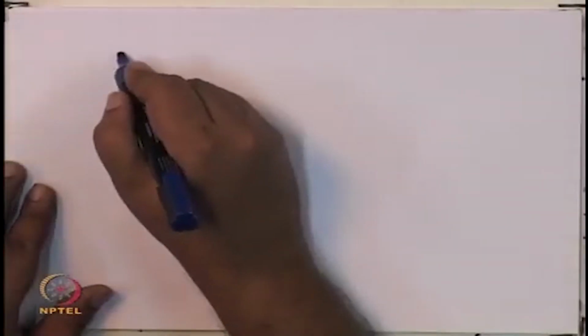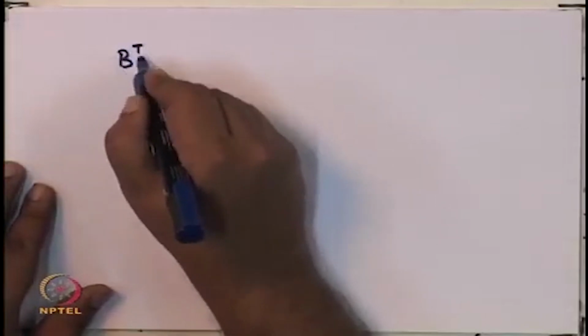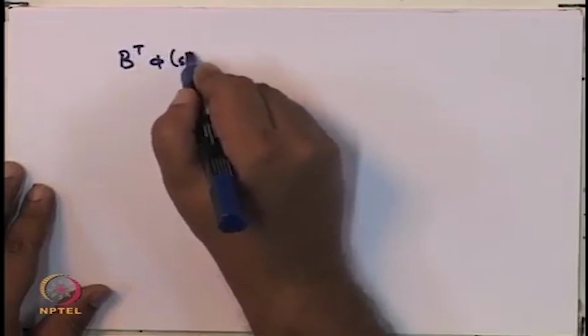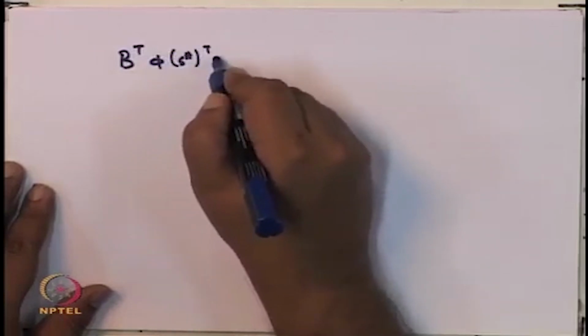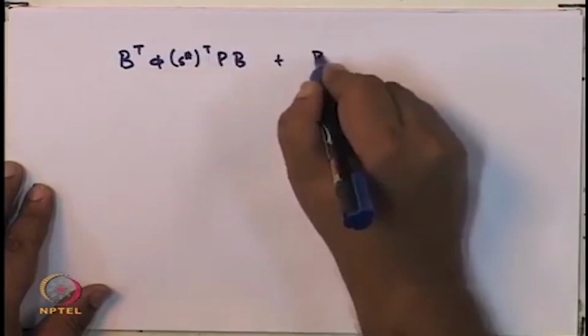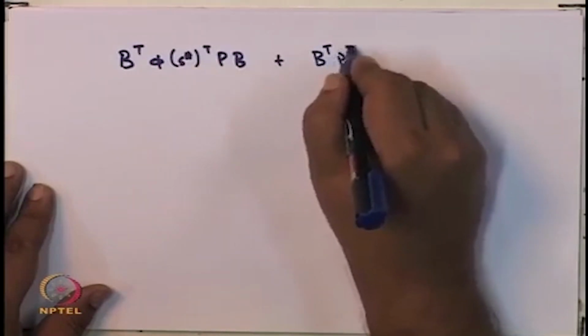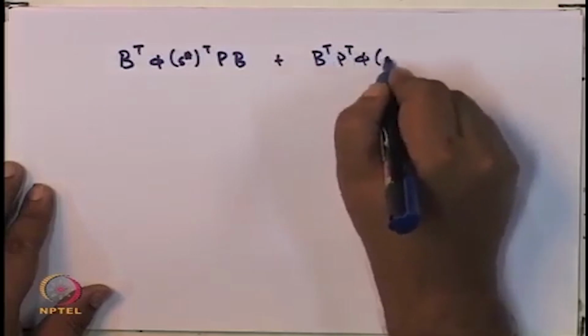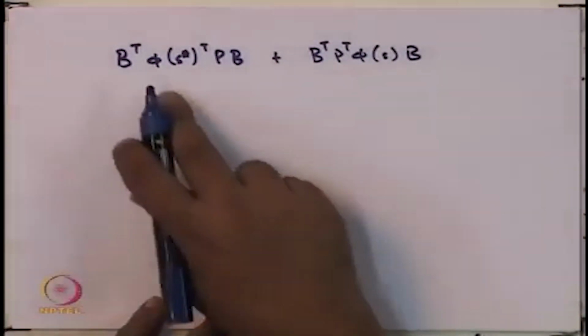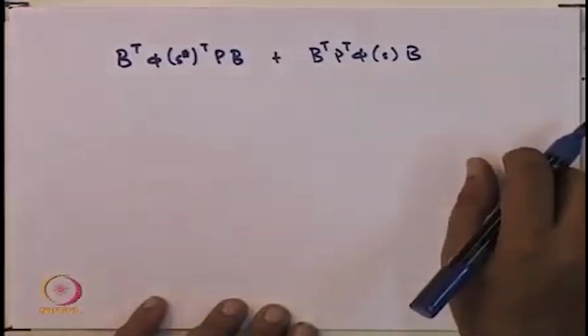Just concentrating on those 2, I have B transpose phi(s star) transpose PB plus B transpose P transpose phi(s) B. Okay. Now, I am going to do some simplification of this.